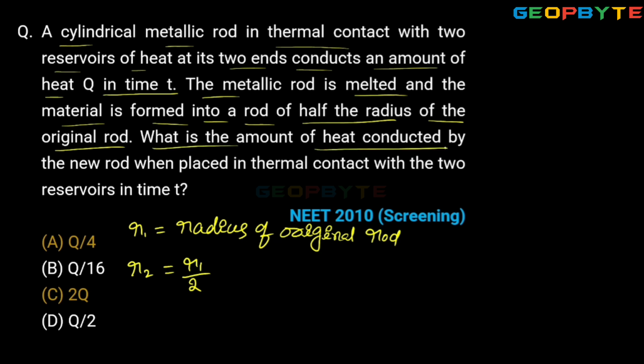What is the amount of heat conducted by the new rod when placed in thermal contact with the two reservoirs in time t? For the same time. What is the new rate of heat transfer? As you know, Q equals K into A into (T1 minus T2) divided by L into t. For the same time period, K remains the same, T1 minus T2 also remains the same.